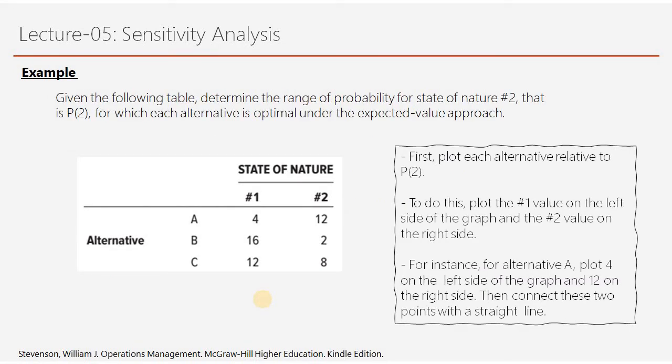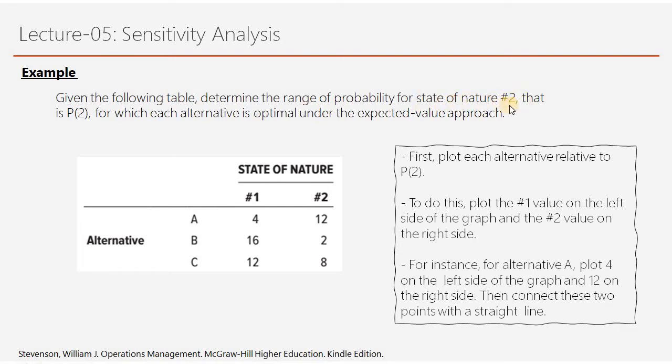Now we want to see how to plot a sensitivity analysis graph. Suppose this is our given. We have three alternatives, A, B, C, and we have two states of nature. When we want to draw the sensitivity analysis plot, it's very important to determine the range of probability of one of the states of nature.